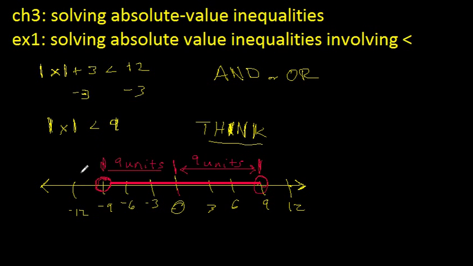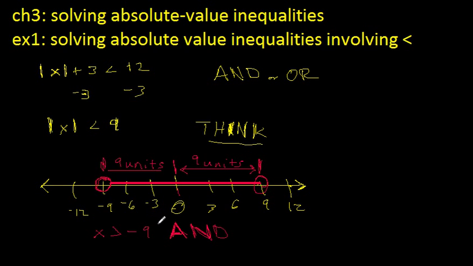On this side, I have -9, and x is moving in a direction that's greater than -9, so x is greater than -9. I'm using the term "and" because x is also less than +9 units.